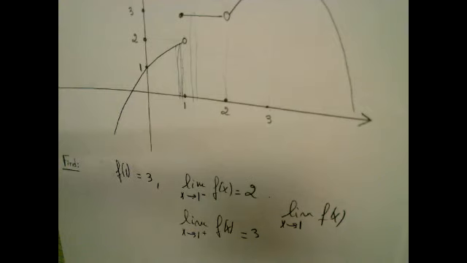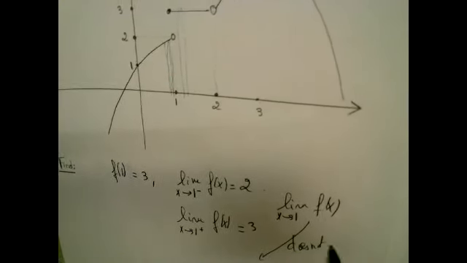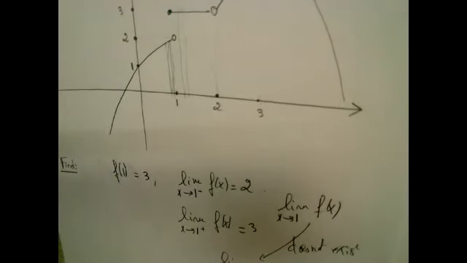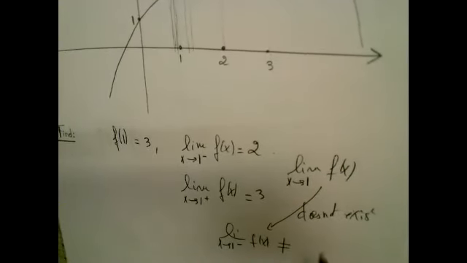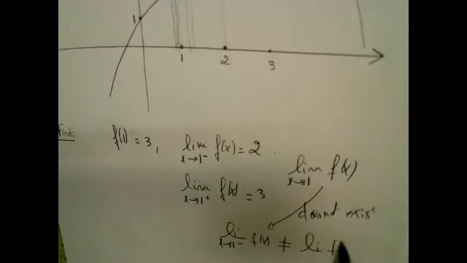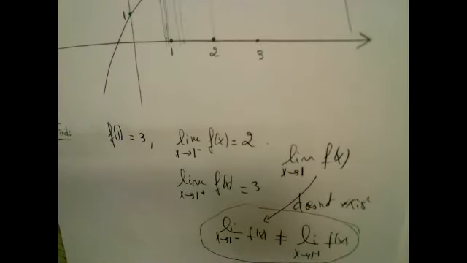Does not exist. And what's the reason? The reason is because the limit from the left, that's how you're going to justify it, is different than the limit from the right. So it doesn't exist because both limits are different from one another.